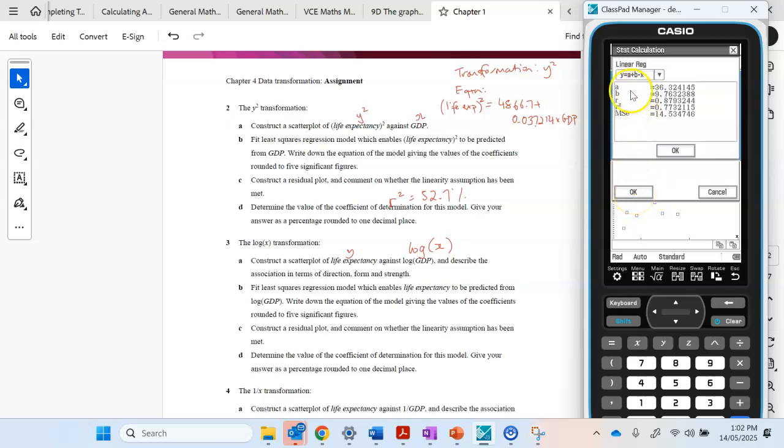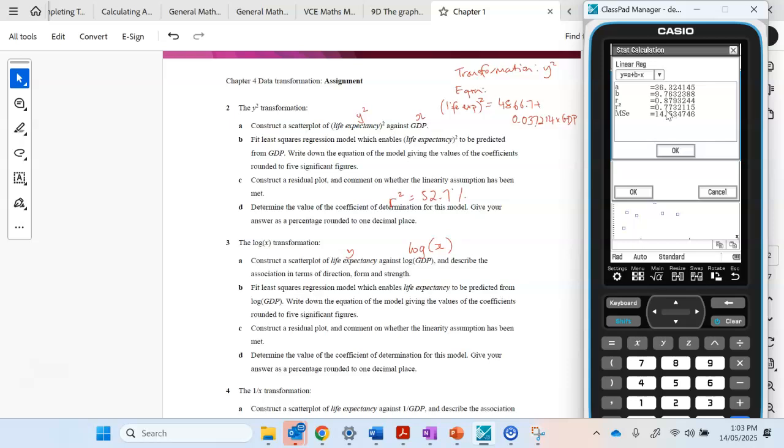All right, so our equation, so our y, life expectancy, equals a. So a is to 5 significant figures. I assume it still wants it to 5 significant figures. 36.324 plus your slope, 9.7632. All right, so that's to 5 significant figures. Also write down your R squared value.